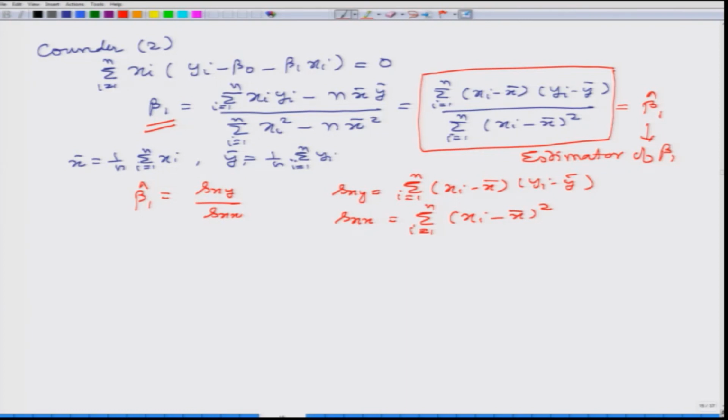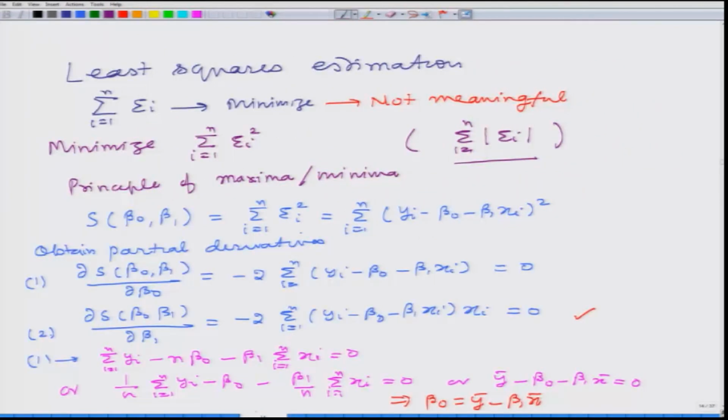So, we have obtained the value of beta 1 as beta 1 hat. The value of beta 0 that we obtained in the earlier slide is going to be known to us only when beta 1 is known.